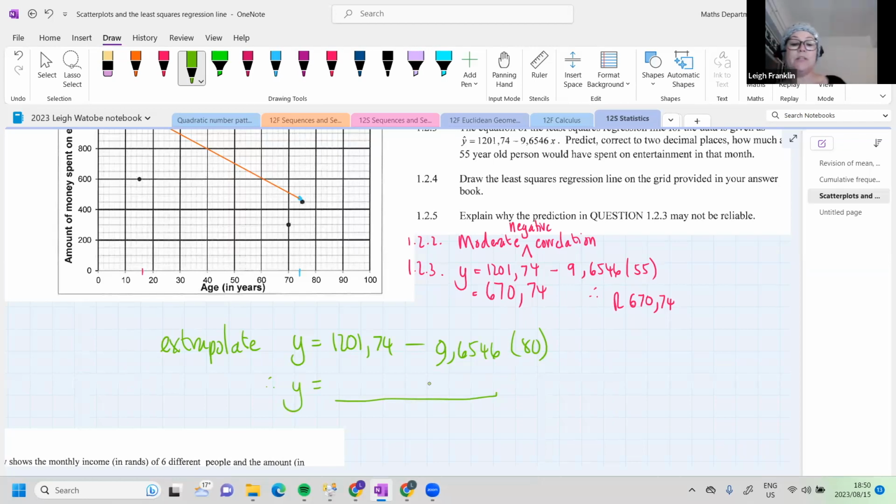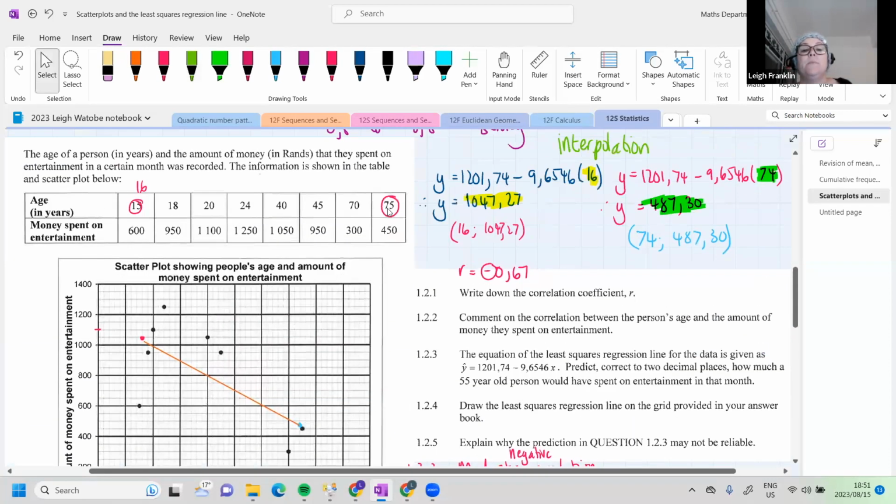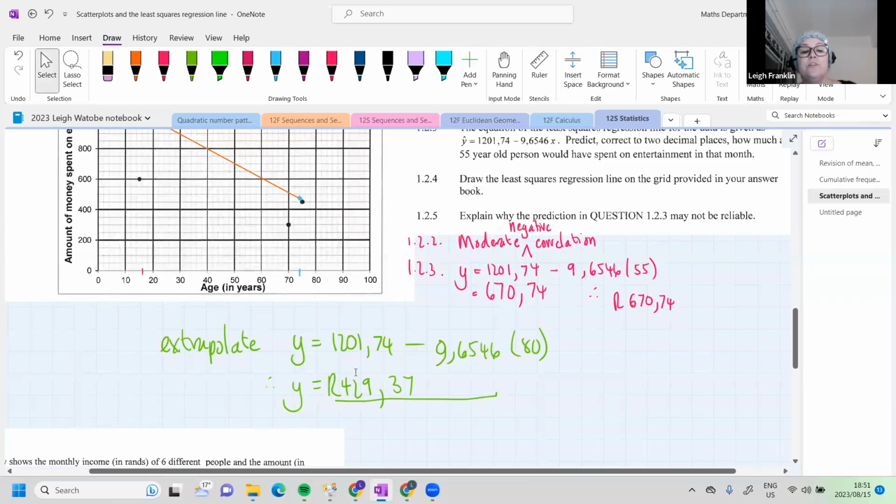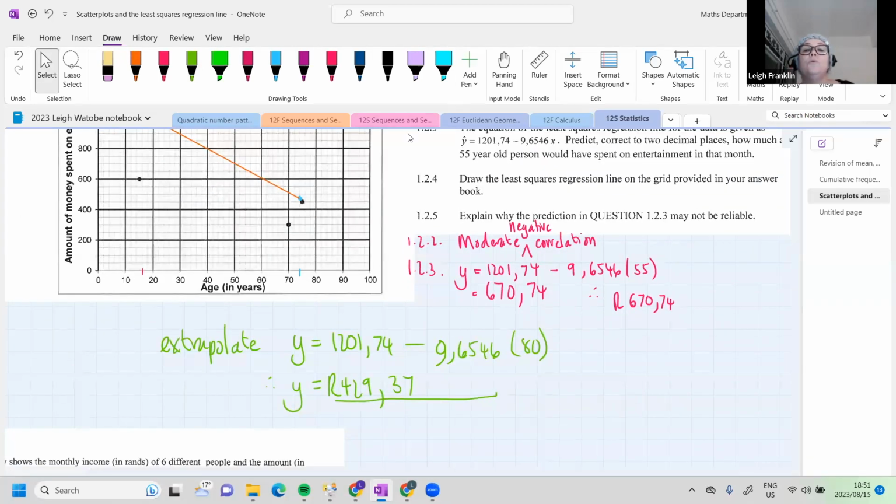I'm predicting that an 80-year-old, according to my data, would spend around 429 Rand and 37 cents on entertainment. That's extrapolating, because I'm working outside of my maximum. So this is not reliable at all.